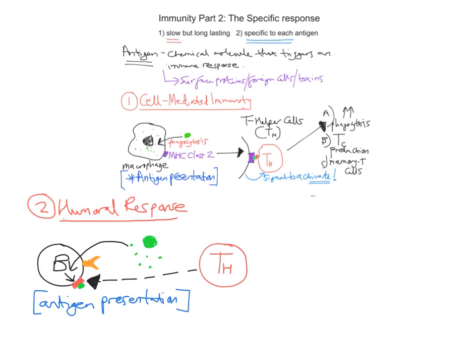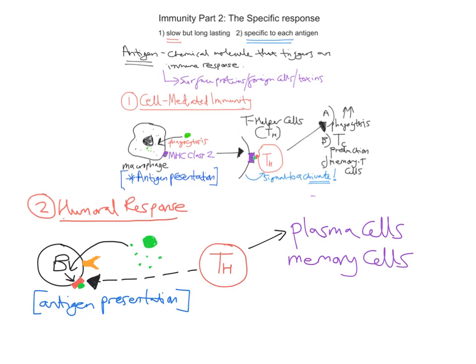So once the B cell this time has been activated, we're going to get the production of plasma cells, but also memory cells.